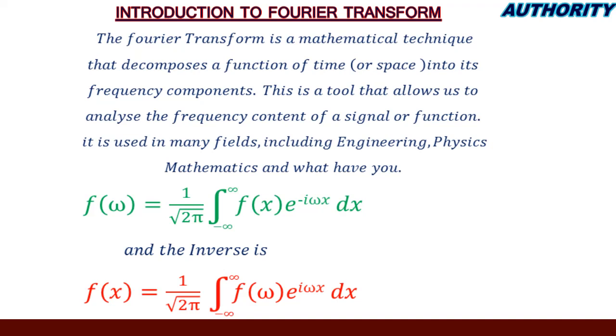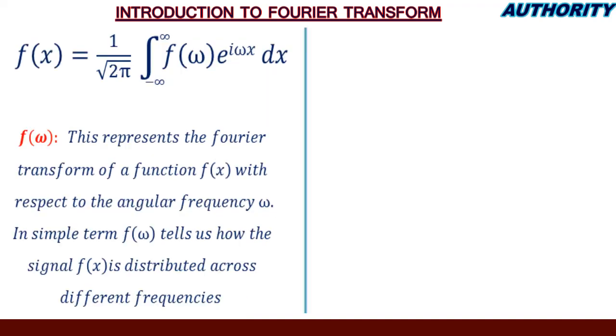Now in this equation, let's explain the different terms. The first one, F of omega, represents the Fourier transform of the function f of x. When you apply the Fourier transform operator on f of x, what you get is F of omega, which we call the Fourier transform. It represents the Fourier transform of the function f of x with respect to the angular frequency omega.